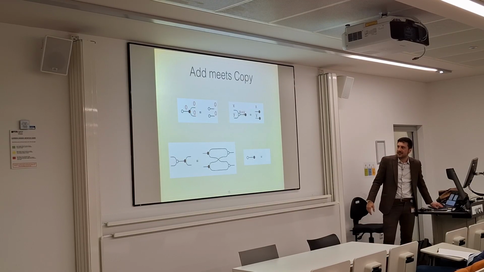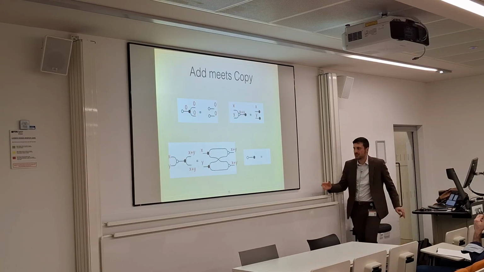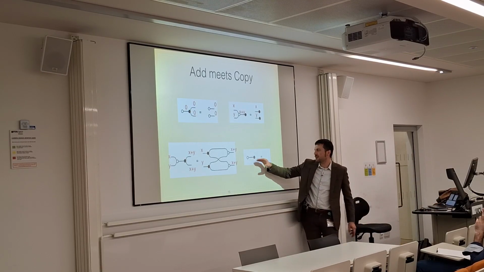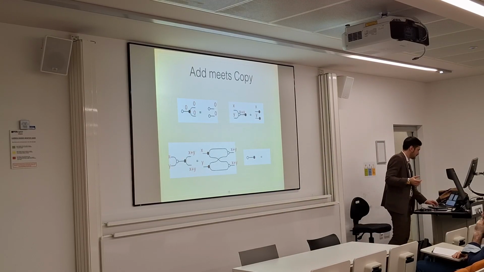And if I take x and y, do their sum and discard it, it's just the same as discarding x and y. The one below is telling me something about copying the sum of x and y. I can do it in two different ways and they are equivalent. And the last one just tells you that if you have a 0, you can just discard it. You're not going to use it in the computation.